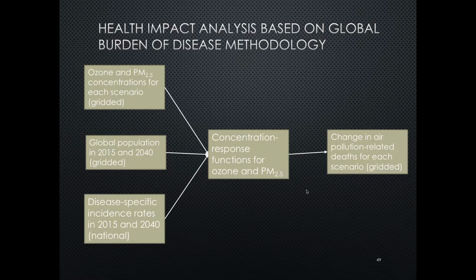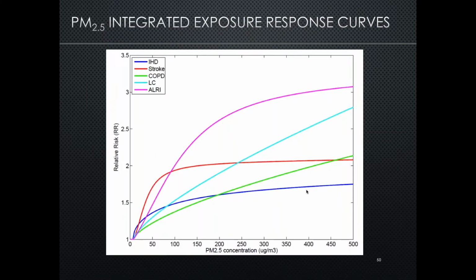And as a result of this methodology, we get the change in air pollution related deaths for each scenario, which again is gridded. So the ultimate outcome of this framework is that we input a change in NOx emissions into the GEOS-Chem global chemical transport model. And we then use the simulated concentrations in this concentration response function to get a change in ozone and PM2.5 related deaths. So next slide, please.